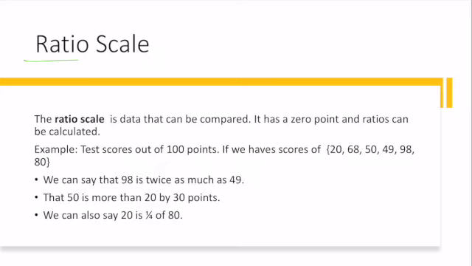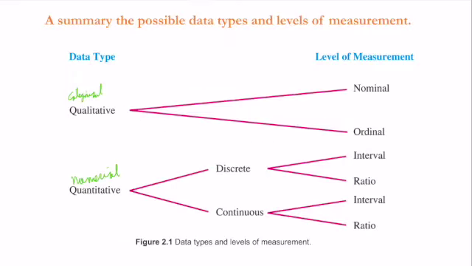So here's a summary of the possible data types and levels of measurement. Remember, qualitative data is categorical. These are kind of synonyms. Quantitative data is numerical, and we can break it down. I can have discrete data that can only take on specific values, that's interval or ratio, and I have continuous data that can take on interval or ratio data.